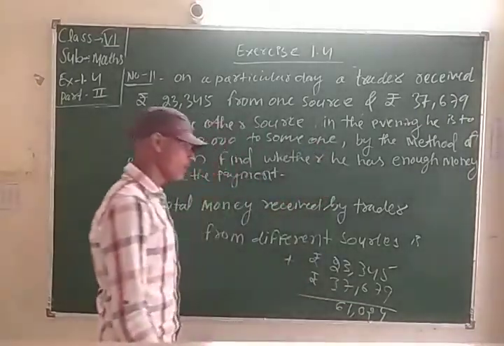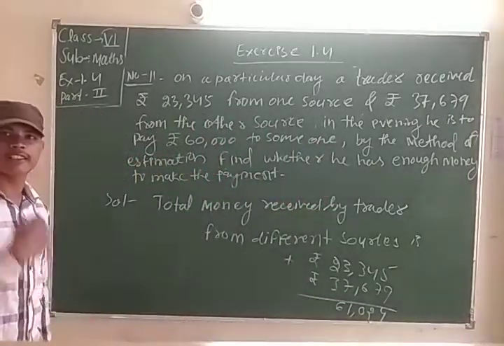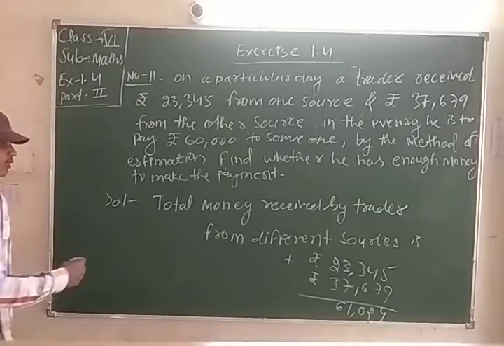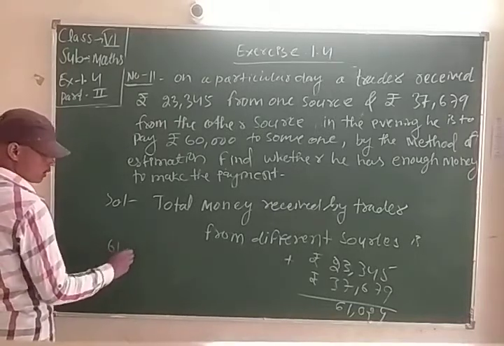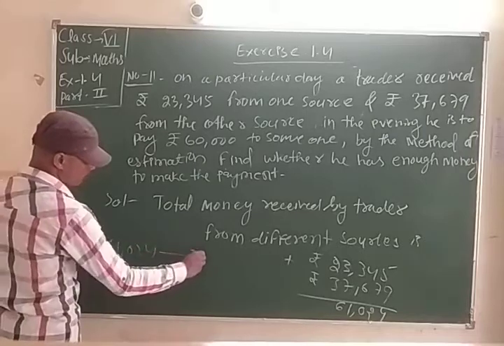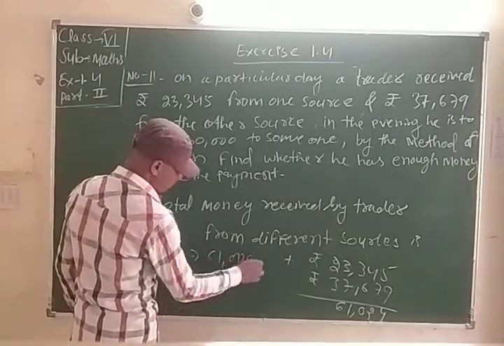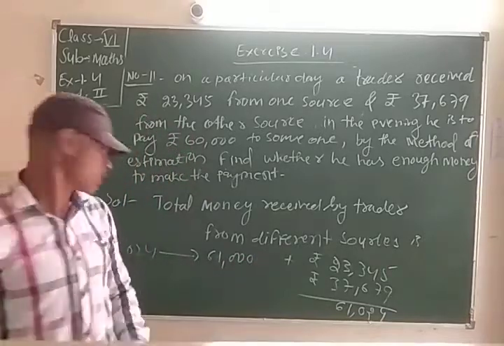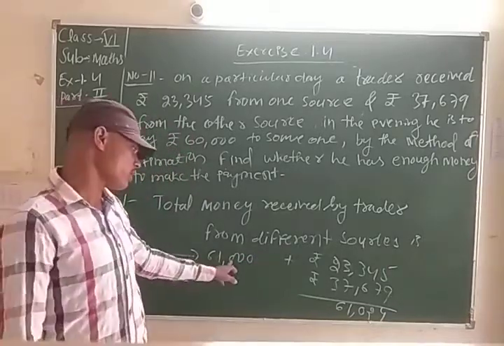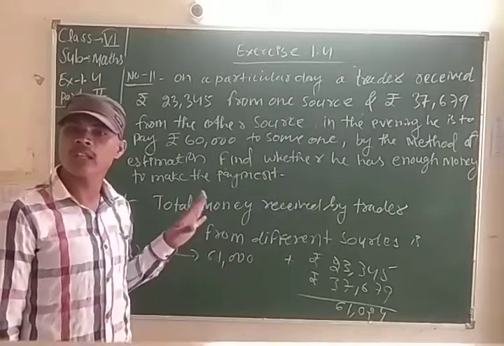Then when we round it up, 61,024 is rounded to 61,000. When we round up to the nearest thousand, then the trader has 61,000 rupees.